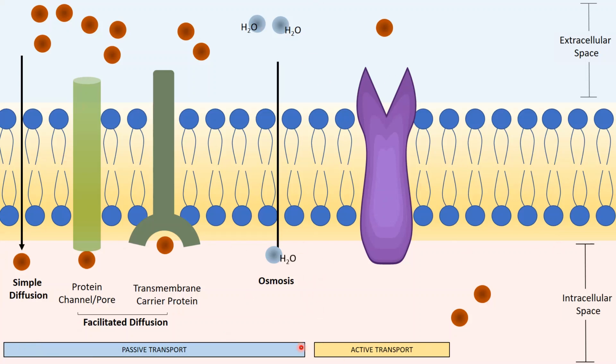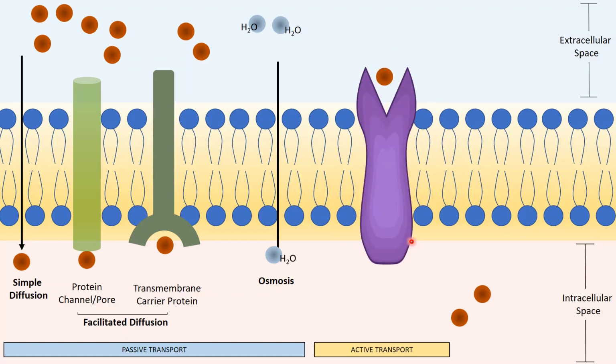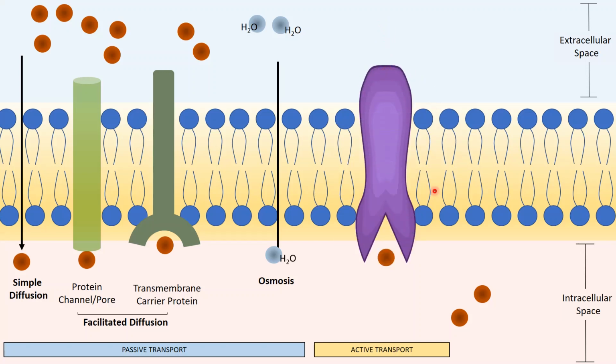Meanwhile, in the case of active transport, the key concept here is that it requires energy. So in this case, we have this funny looking transporter which changes shape upon conformation and also requires energy. And for this, we call this particular process active transport.